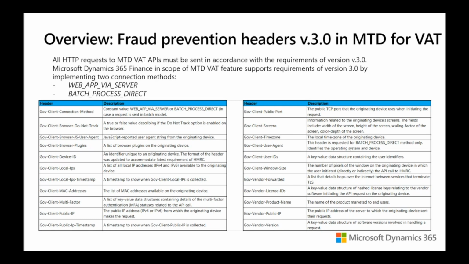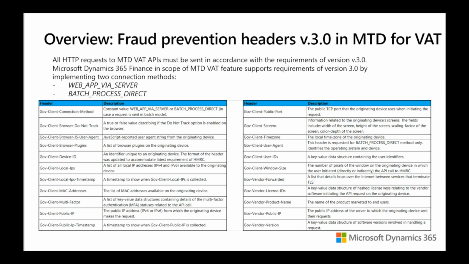For Microsoft Dynamics 365 Finance, we support two connection methods: web app via server and batch process direct. Depending on whether the request to HMRC was initiated in batch or not, the system will automatically send the needed set of headers. The web app via server method is the most commonly used according to our statistics of requests sent via our web application.